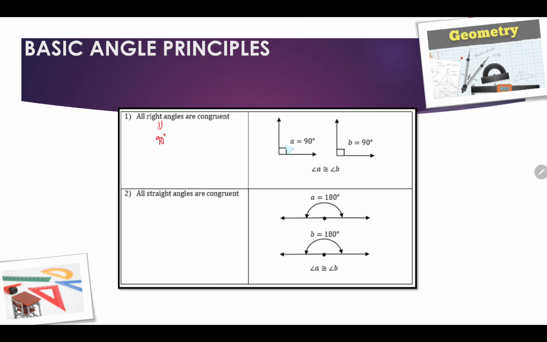So the first angle A equals 90 degrees and the second angle B equals 90 degrees, so angle A is congruent with angle B. The second principle is that all straight angles, angles that measure 180 degrees, are congruent. Let's say angle A equals 180 and angle B equals 180, so angle A is congruent with angle B.